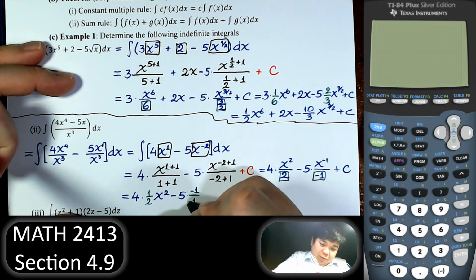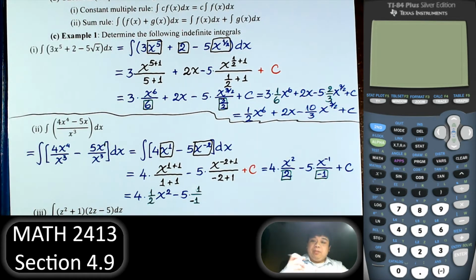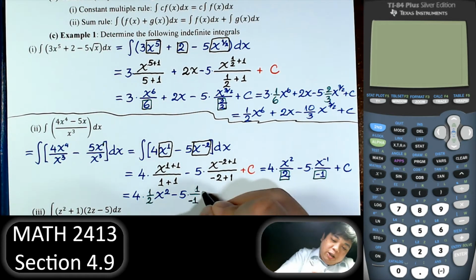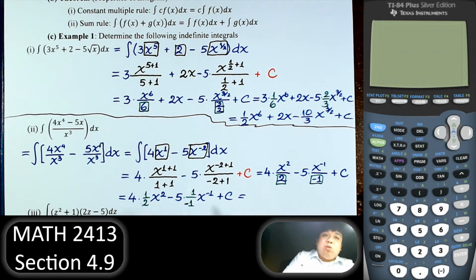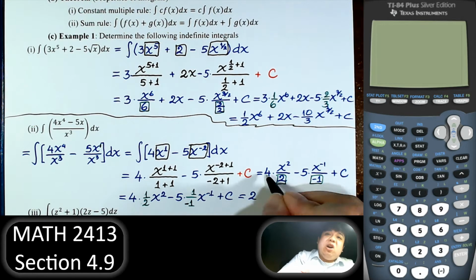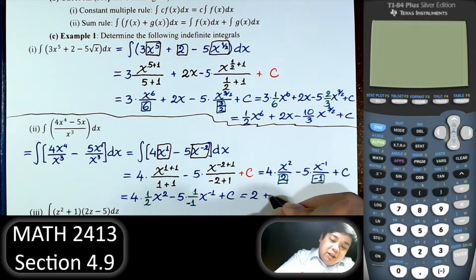Divide by negative 1 is the same as multiply by negative 1. We still have x to the negative 1 plus a constant c, and 4 times 1/2 is 2. Of course, later on we just say 4 divided by 2 is 2, but I write all the steps here.